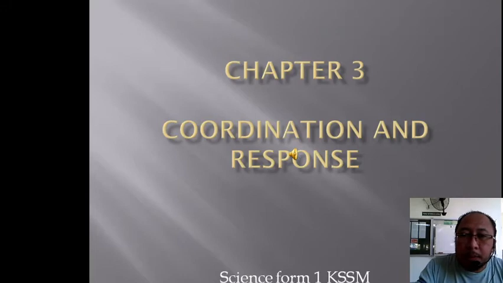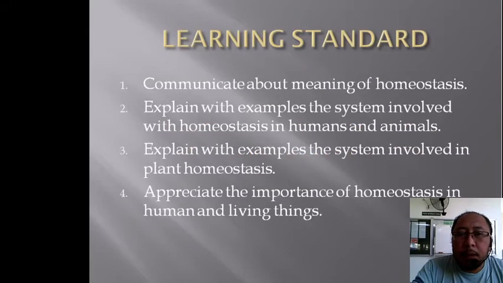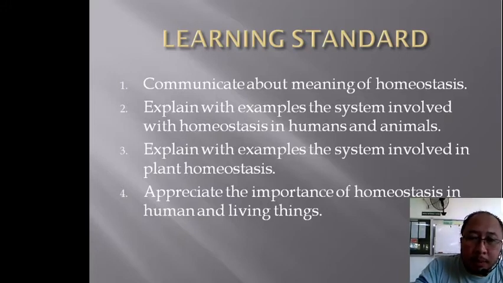So in this chapter 3, coordination and response, the most important thing is you must know the learning standard for this thing. The first one is communicate about meaning of homeostasis. Second is explain with examples the system involved with homeostasis in humans and animals.